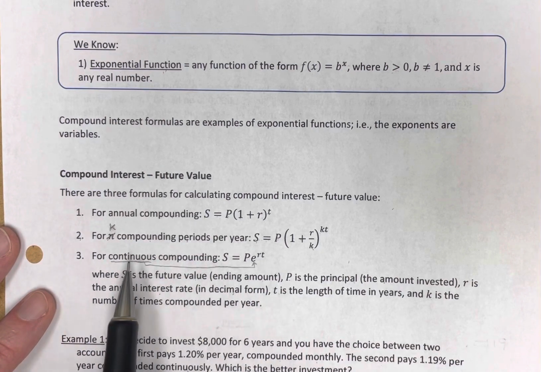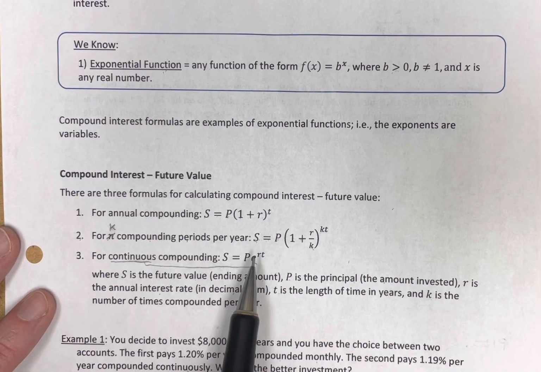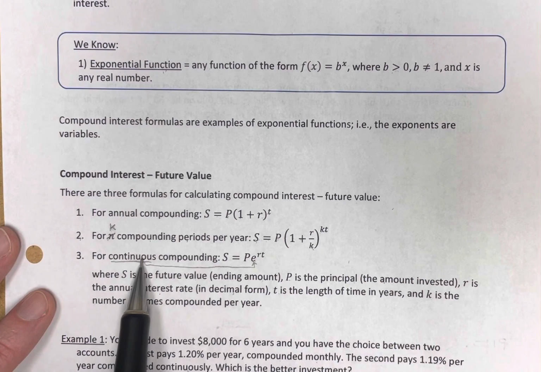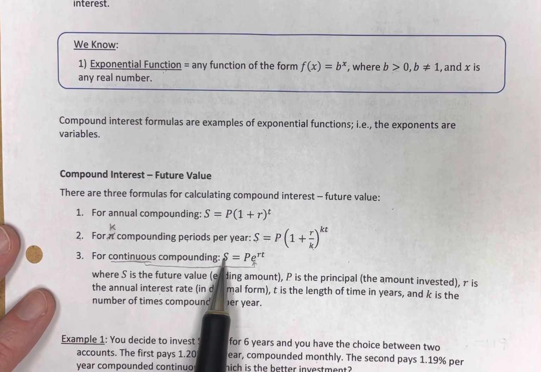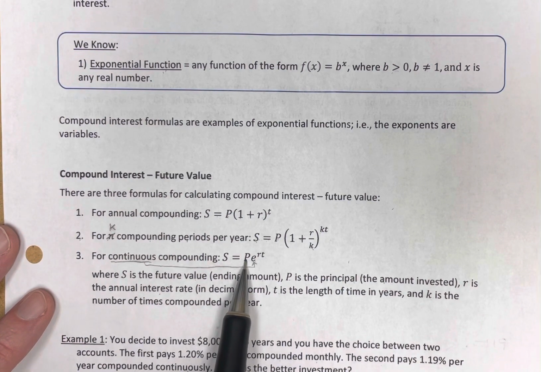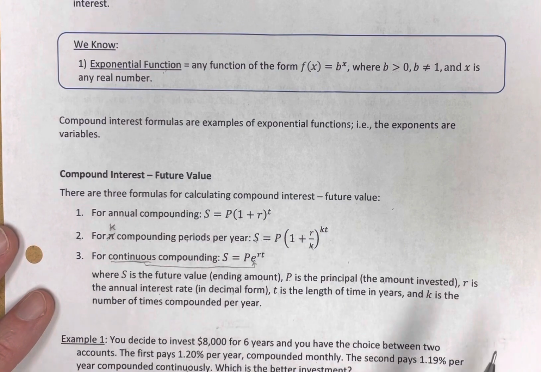That's a connection. Continuous means E. If I see an E, I'm doing something on a continuous basis. And the formula for continuous compounding is the future value equals the amount you invest, or the present value, times Euler's number E, raised to the rate times the time.